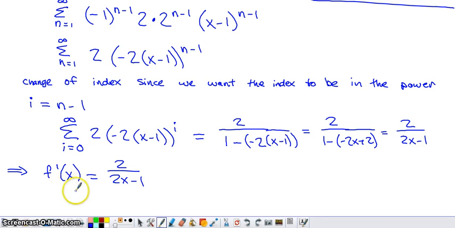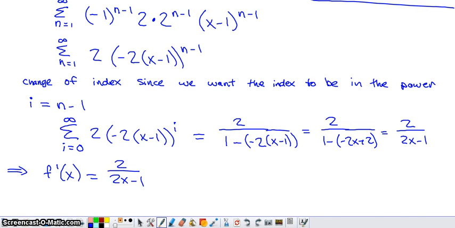And that tells us that f prime of x is going to be 2 over 2x minus 1. Now this equality across this line right here only holds on the interval of convergence. I'm being a little bit loose notationally there. So f prime of x is going to equal this function.